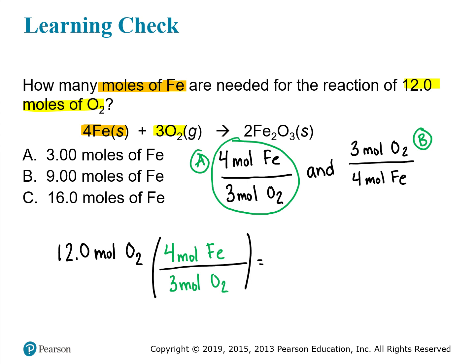We need the oxygen in the bottom so it cancels out with the oxygen that's already in the numerator.